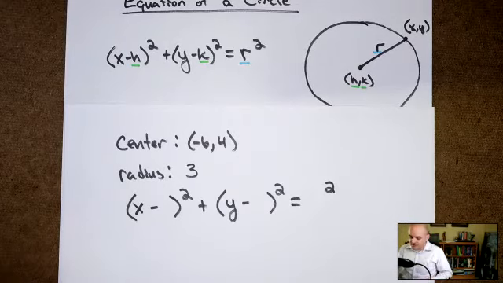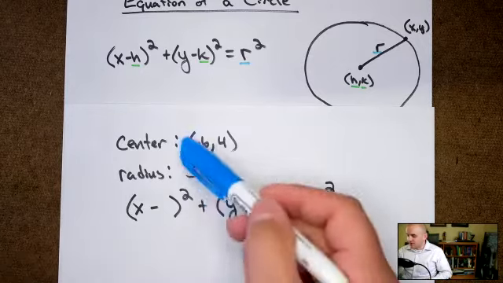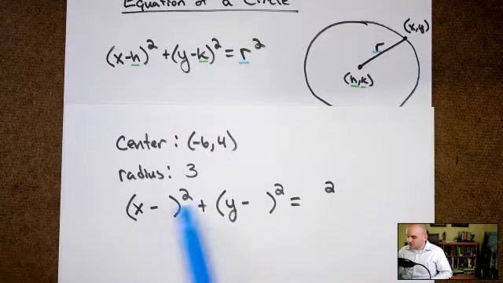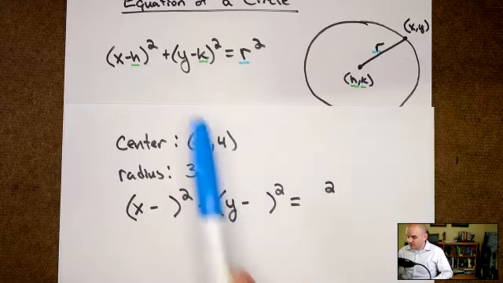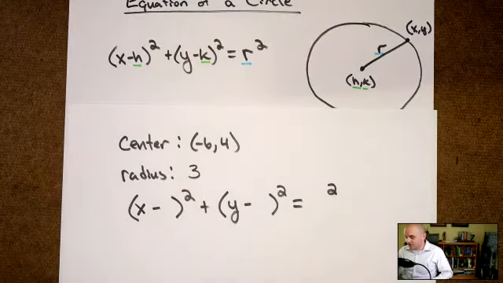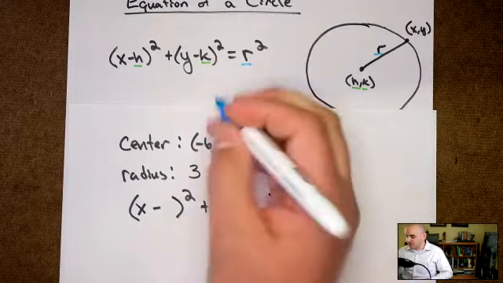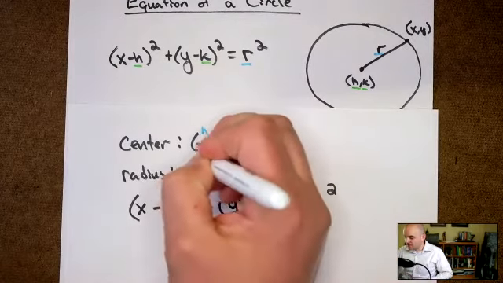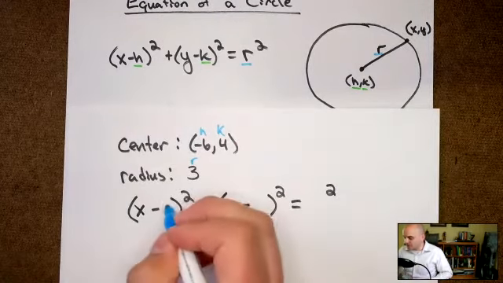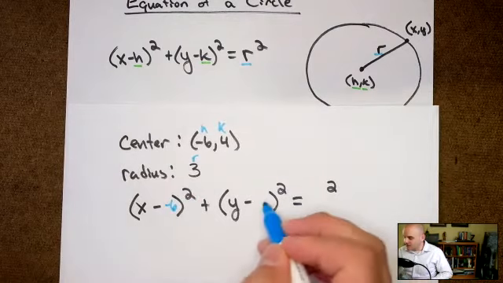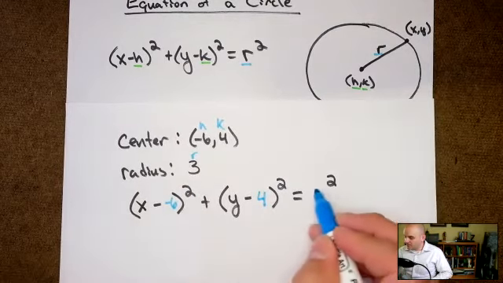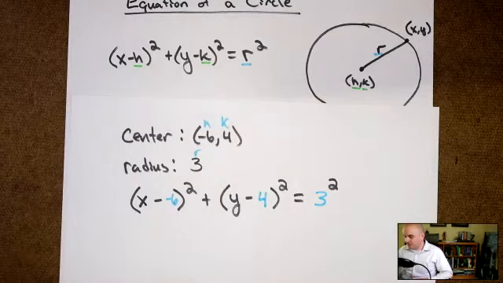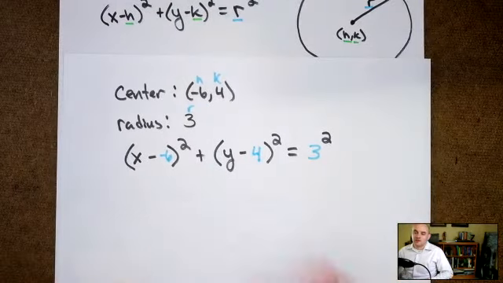All right, one of the things I like to do when I'm writing out the equation of a circle, especially if I already know the center and the radius, is just to write out the equation of a circle and leave out the h, k, and r. Because then I can just substitute in, I can label this h, k and this is r, and just substitute those in. So I get -6 right here, 4 right there, and then 3 right here. Now, I want you to clean these up. Don't leave it like that.